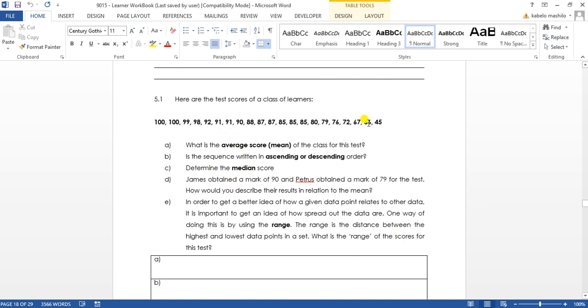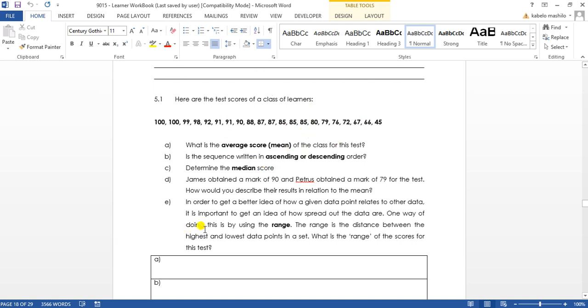If there are 10 numbers, your middle will be between number 5 and number 6. So you'll have to calculate. If you've got two middle numbers, you add these two numbers and divide by 2. If you've got one number, you just use that number only.